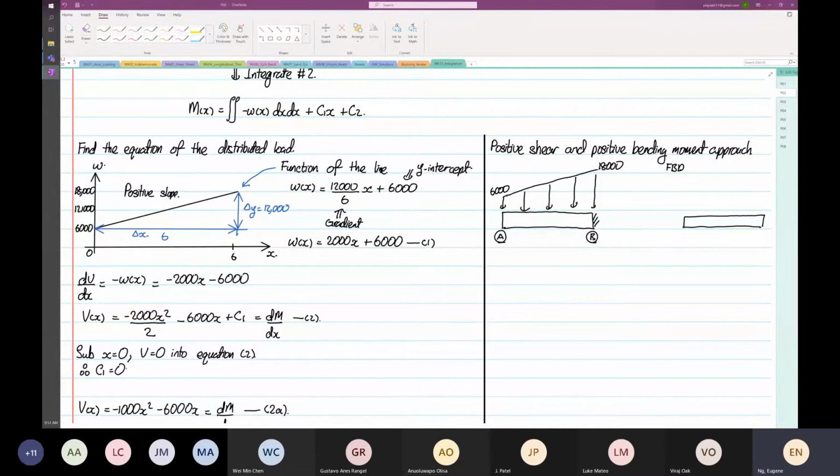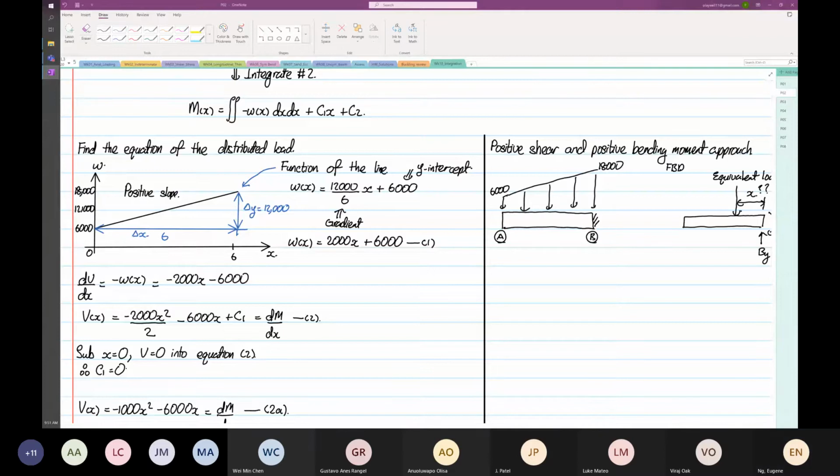You know how to get your equivalent load. The equivalent load equation is still the same, so this is our equivalent load. This is our By, and this is our moment at point B. Can anyone tell me what is the distance from here to here?